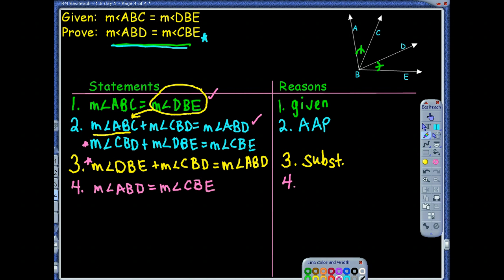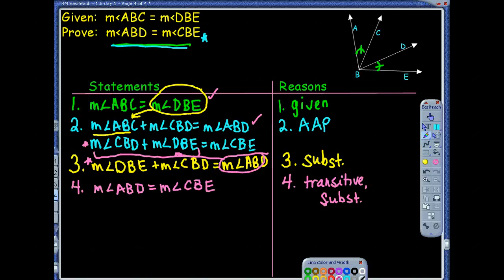And for that reason, I could say transitive because they equal the same thing, so they equal each other, or I could use substitution and put that ABD in place of the measure of angle CBD plus the measure of angle DBE from step 2. Either way, I typically call that transitive, but you could do either one on this one.